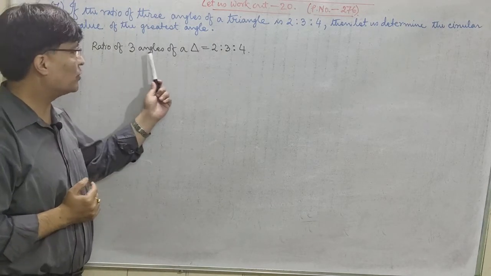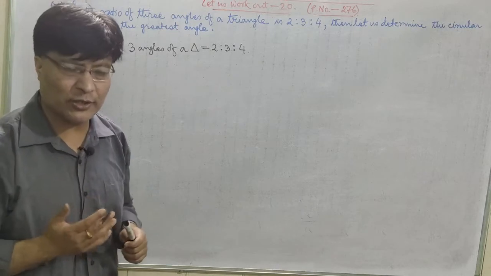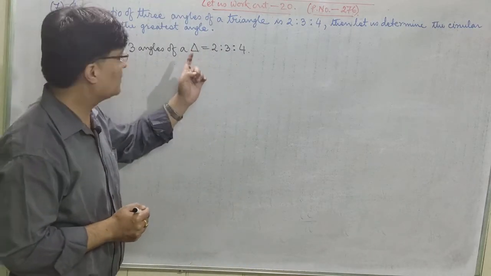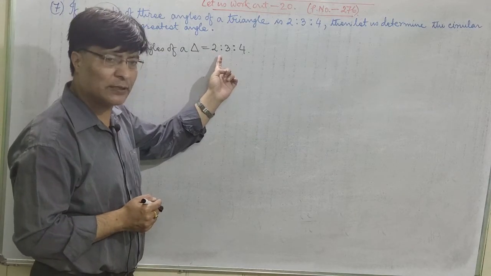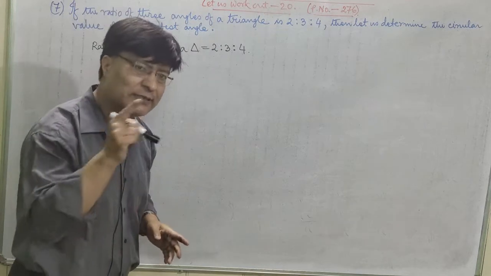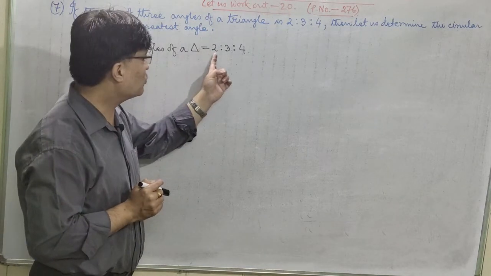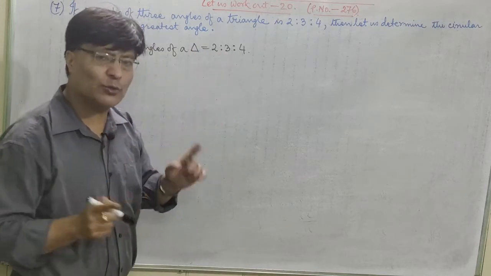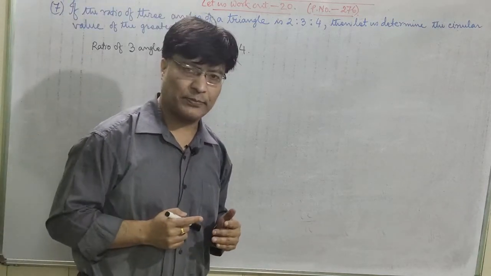Okay, so in this case we can assume the three angles of the triangle in circular measure if their ratios are given. If 2 is multiplied by a quantity, then 3 and 4 should also be multiplied by the same quantity.